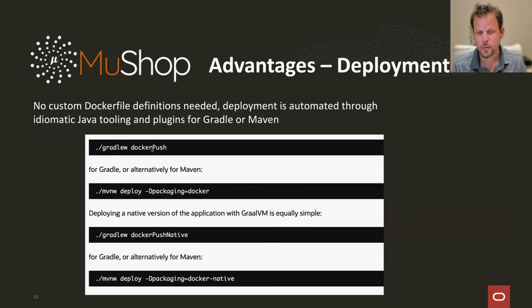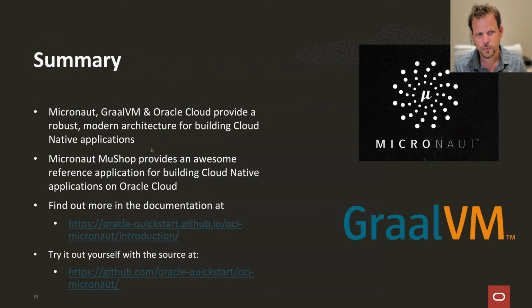So, pushing an application and deploying it is just a matter of gradlew dockerPush if you're using Gradle, or mvnw deploy, specifying a packaging of docker, and your application is packaged up into a container image in an efficient manner, whether you're using JIT mode or native mode, and it's all handled seamlessly by Micronaut's build tooling.